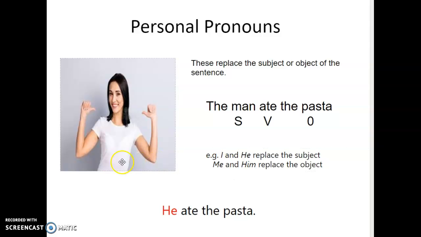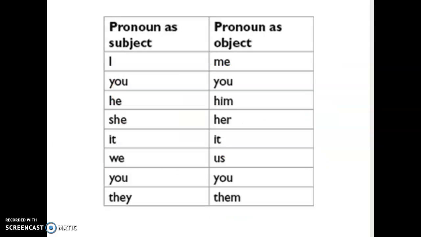I'll go on to the next slide here. Here is a list of examples of personal pronouns. When the personal pronoun is replacing the noun that is the subject, you will often see the following: I, you, he, she, it, we, you, they.